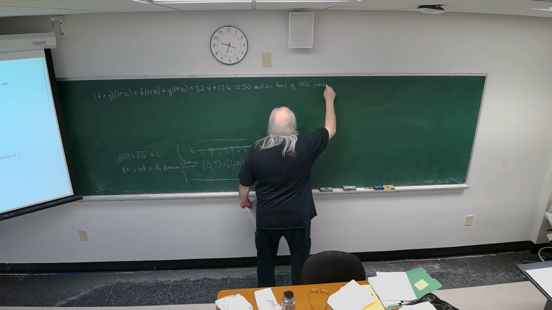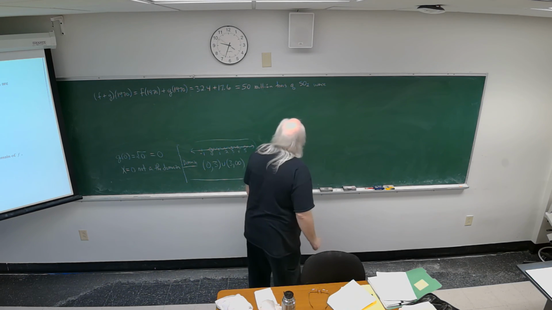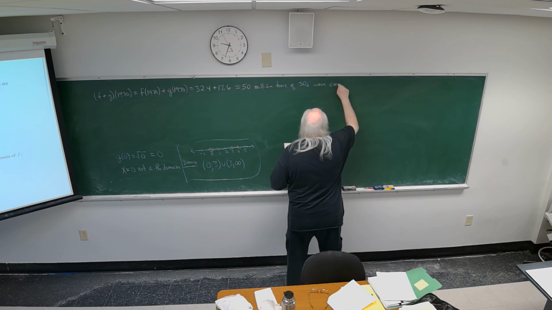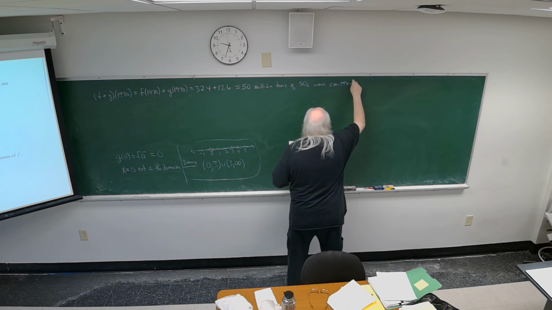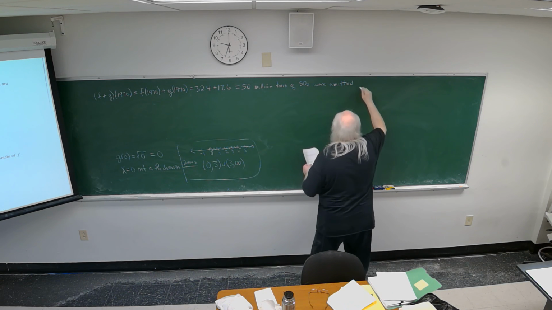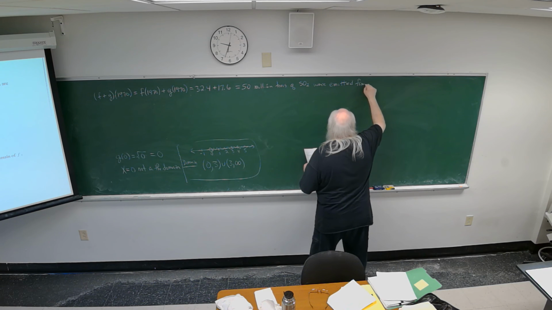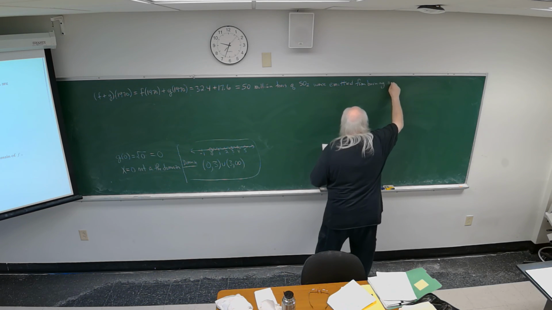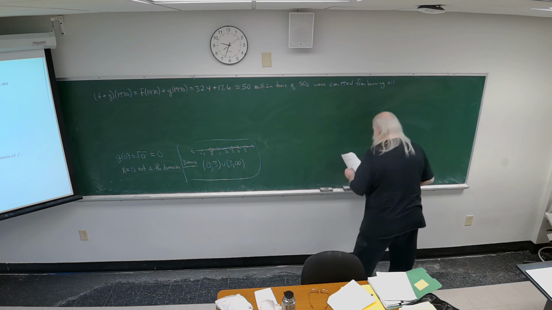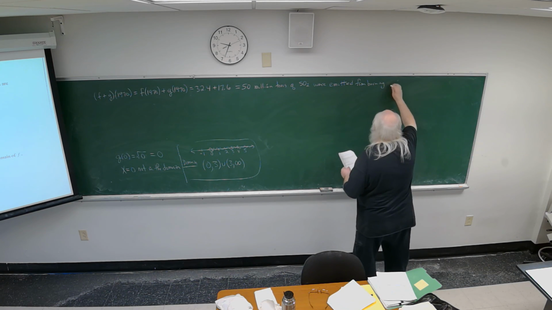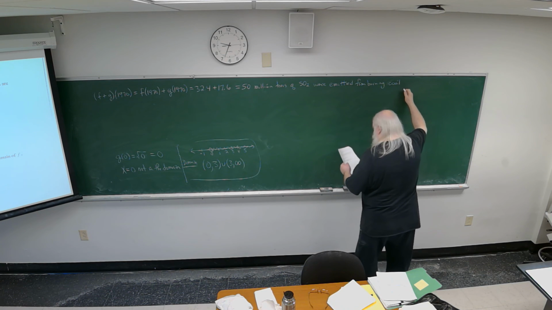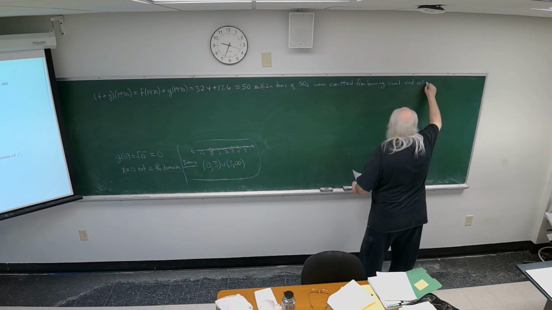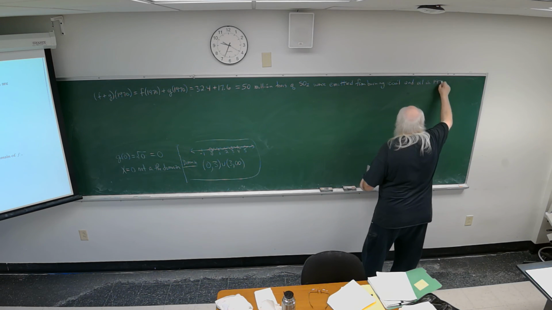So what this tells us is that 50 million tons of SO2 were emitted from burning oil, excuse me, from burning coal and oil in 1970.